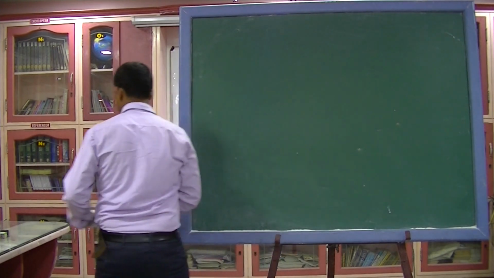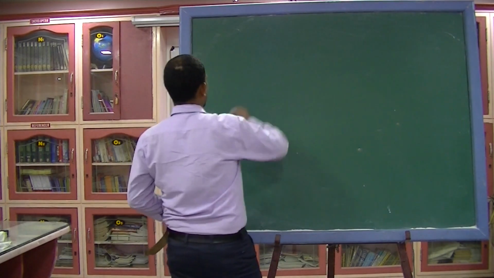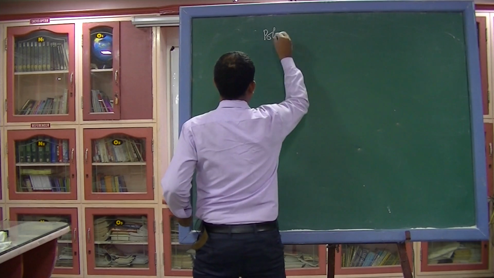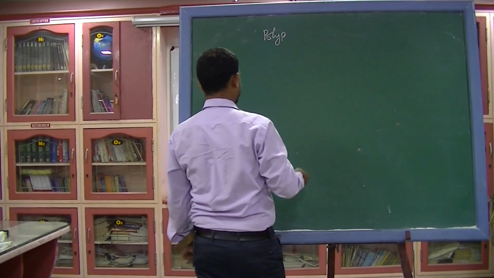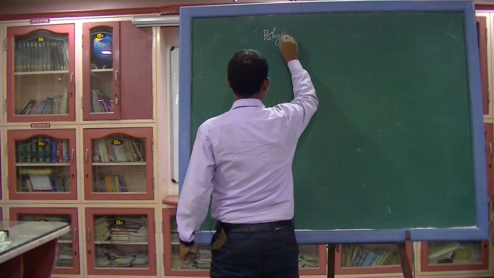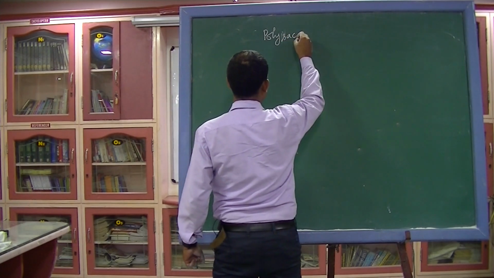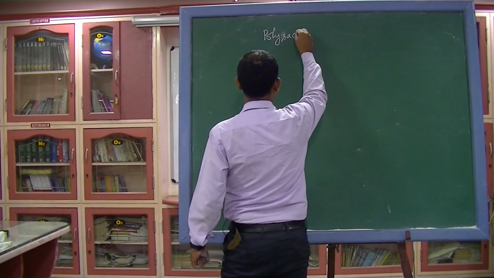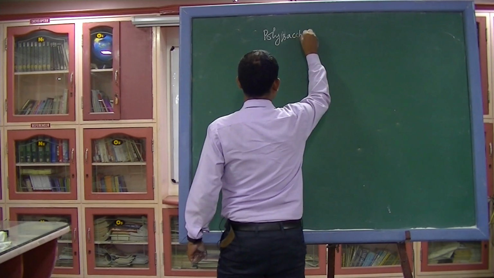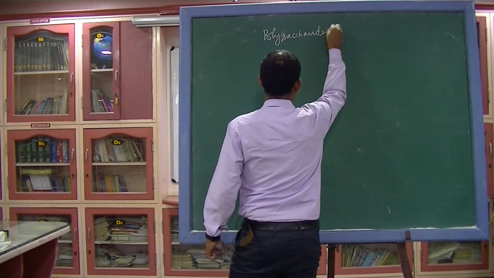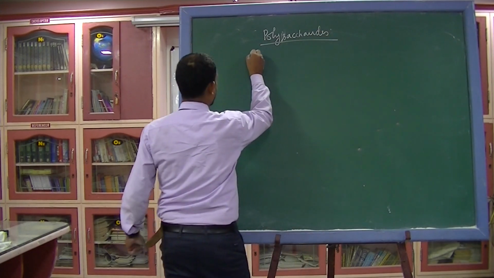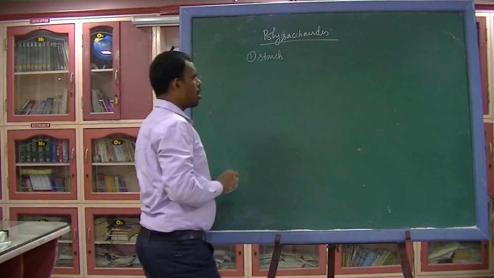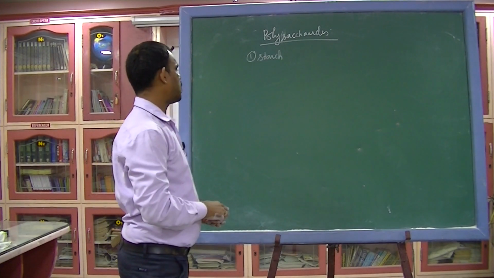For polysaccharides you have more than 10 sugar units linked together by glycosidic bonds. The first one is starch. Starch is an example of a polysaccharide.